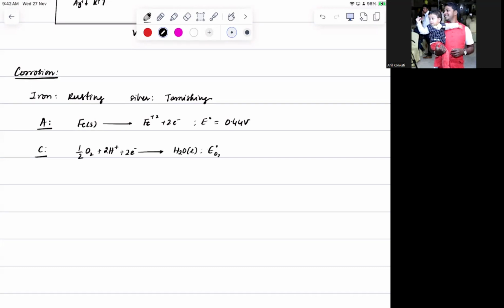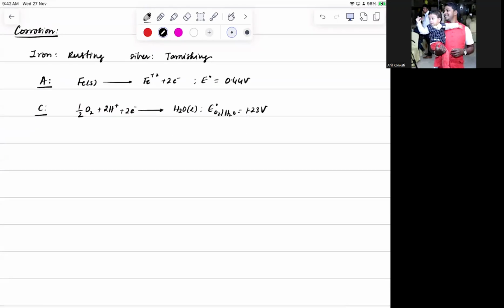So E naught of O2 to H2O is 1.23 volts. Overall reaction is Fe solid plus half O2 plus 2H plus giving Fe2+ plus H2O. So this E naught value is 1.67 volts. So this is spontaneous, and since it is spontaneous, corrosion will take place.